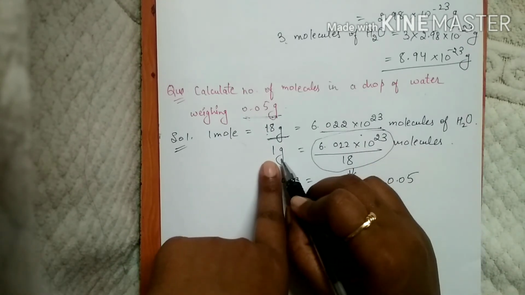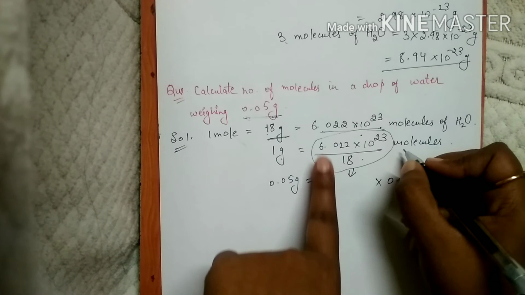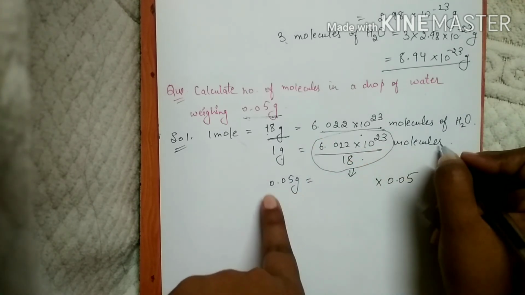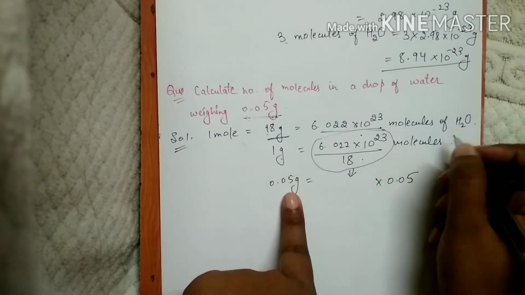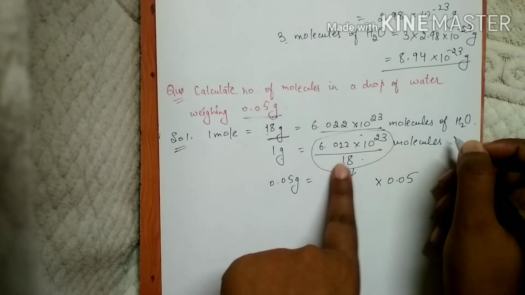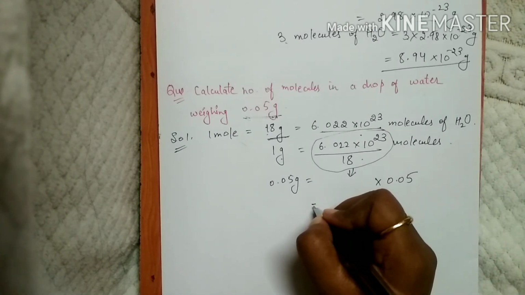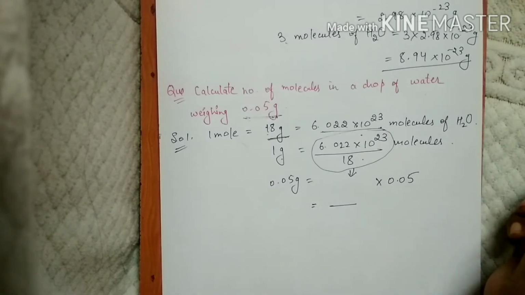For 1 gram, how we can find? Just divide this Avogadro number by 18. This is the number of molecules in 1 gram of water. But we want for 0.05 grams. So what we can do is just multiply the answer which we have got above with 0.05. Okay, and that way you'll get your answer.